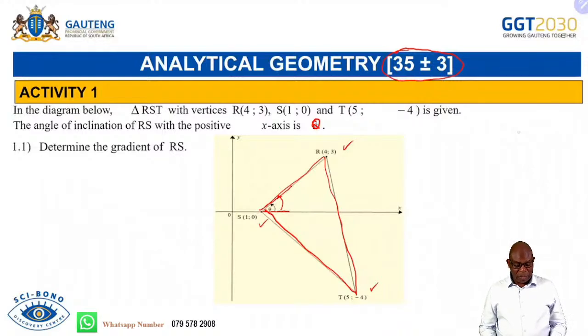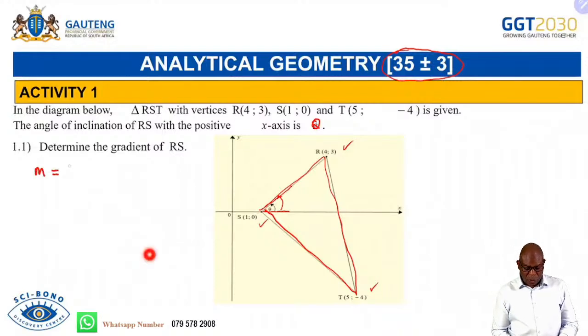Now, the first question says, determine the gradient of RS. How do I find the gradient of RS? You go to your formula sheet and look for the formula for the gradient. Remember, the formula for the gradient is m equals y2 minus y1 over x2 minus x1.